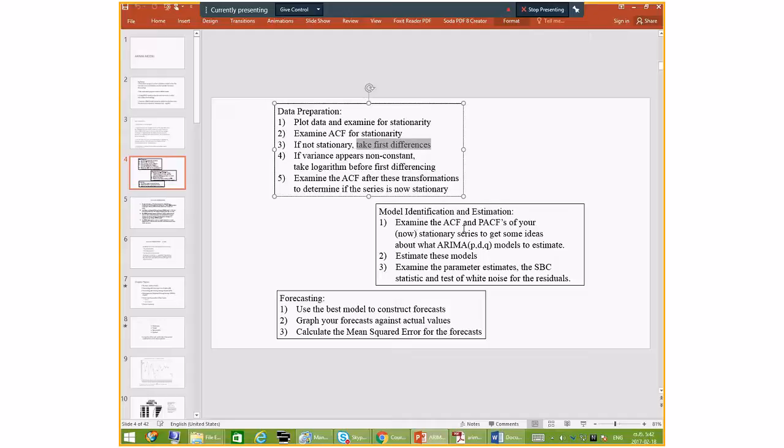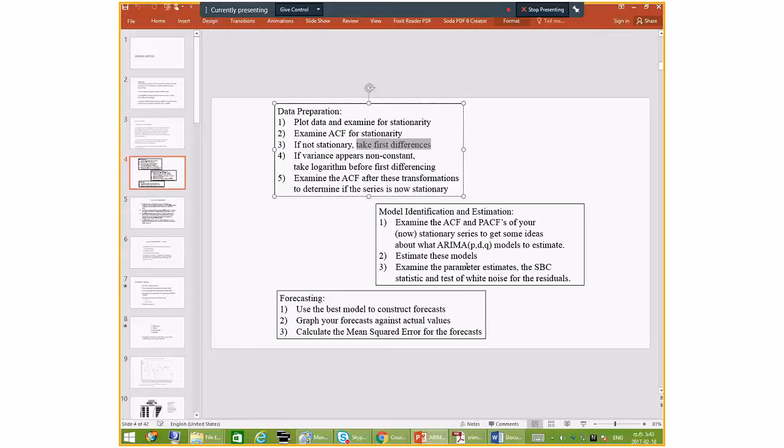Examine the autocorrelation function and the partial autocorrelation function to get some idea about the value of P, the number of autoregressions. D means how many differences, first, second or third. But in the software package, we can use second differences. Q means the number of moving averages. Then estimate the model.